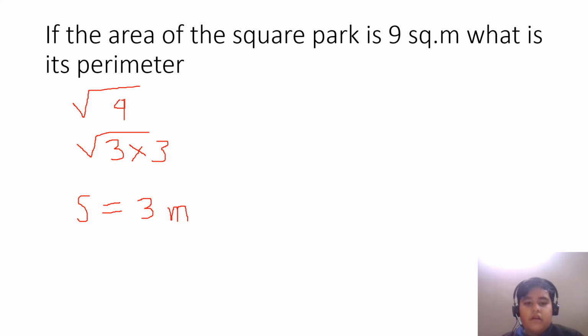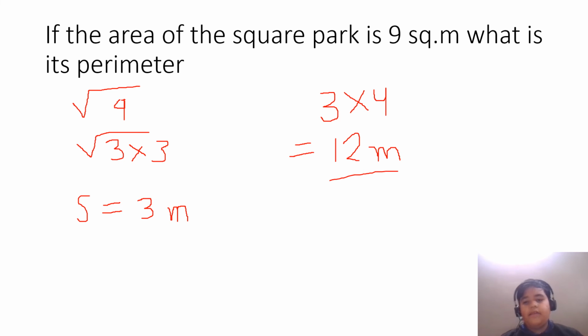So now we can take out the perimeter of this park by multiplying it by 4, because all the sides of the square are equal and we got one side of the square which is 3 meter. Now we will multiply it by 4. 3 into 4, which will be equal to 12. 12 meter is the perimeter of this park. 12 meter is the answer.